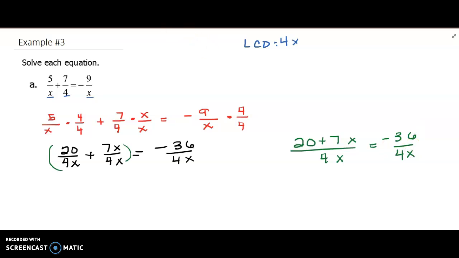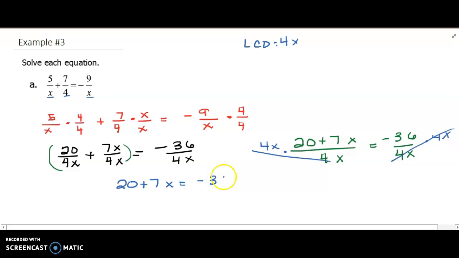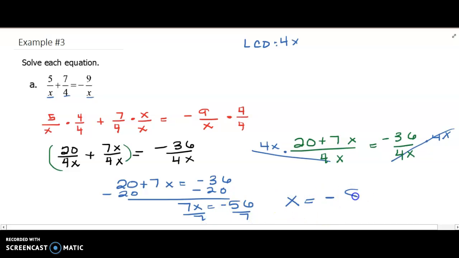Anytime I have a fraction, I can multiply by the reciprocal, so this is kind of magical. If I multiply both sides by 4x, those go away, and now I'm not dealing with a fraction anymore. So 20 plus 7x equals negative 36. Subtract 20, subtract 20. I get 7x equals negative 56. Divide both sides by 7. I get x equals negative 8.